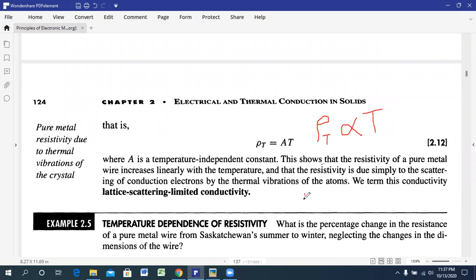Similarly, we can write down that sigma of T, that means the conductivity of the material, is inversely proportional to the temperature. So this one is the relationship of the temperature dependence of resistance.